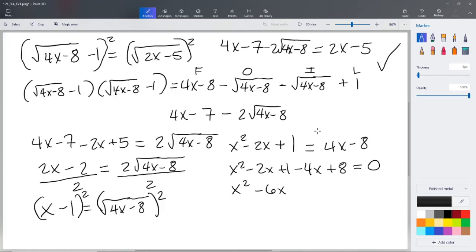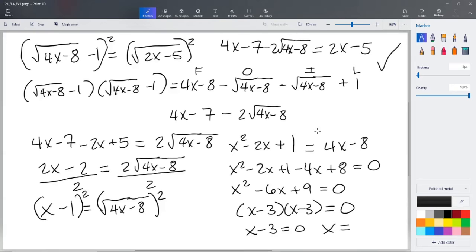And plus 1 and plus 8 makes plus 9, and it equals 0. I think this is also a perfect square. This is actually x minus 3 times x minus 3 as a factoring, or x minus 3 squared if you like. I'm just going to go with x minus 3 times x minus 3, meaning that x minus 3 is equal to 0. I don't have to do it twice since it's the same thing, and this tells me that x equals 3.